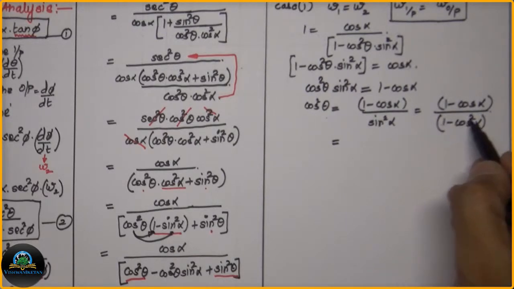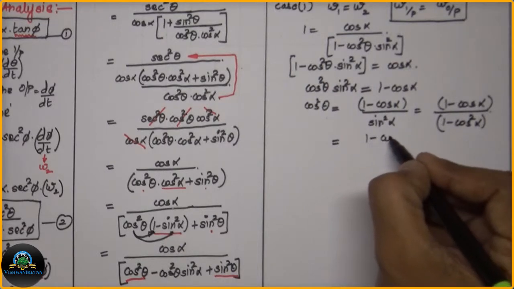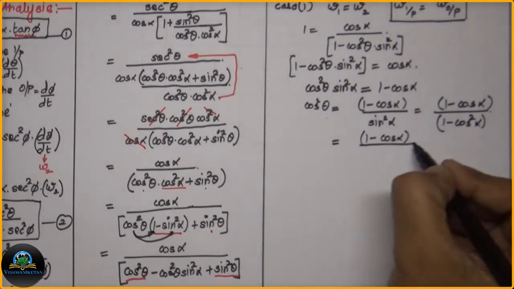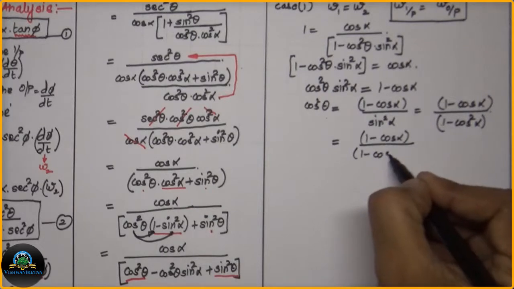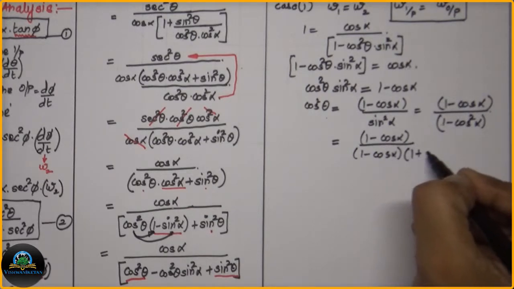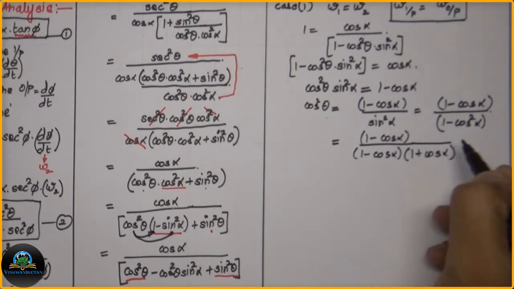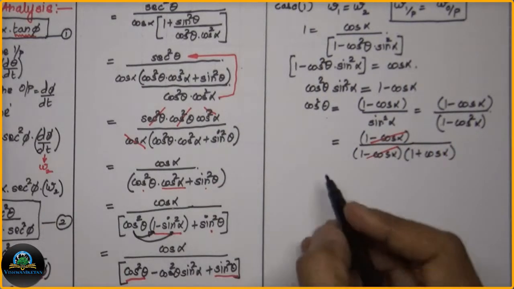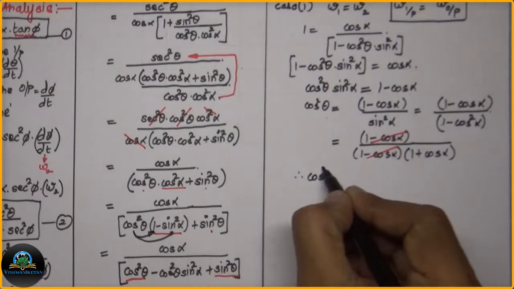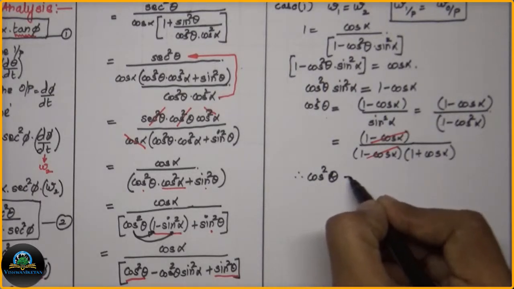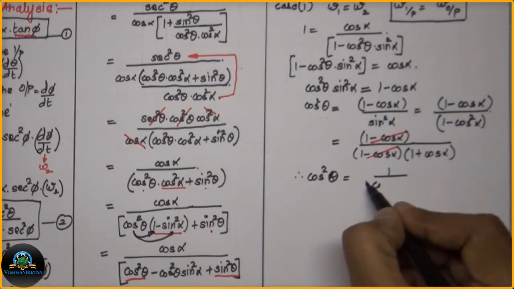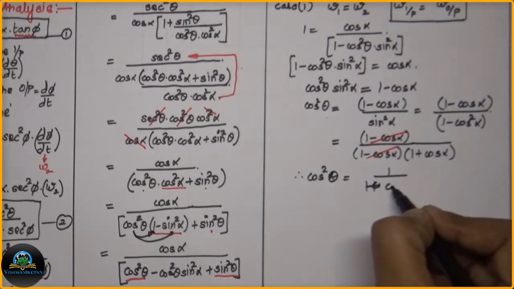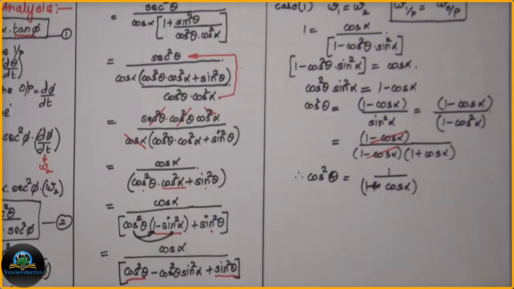This looks like a square minus b square, so we can factorize it. Again, numerator as it is, denominator a minus b and a plus b. This way your 1 minus cos alpha terms get cancelled and cos square theta can be written as 1 plus cos alpha. This is some condition which we get.